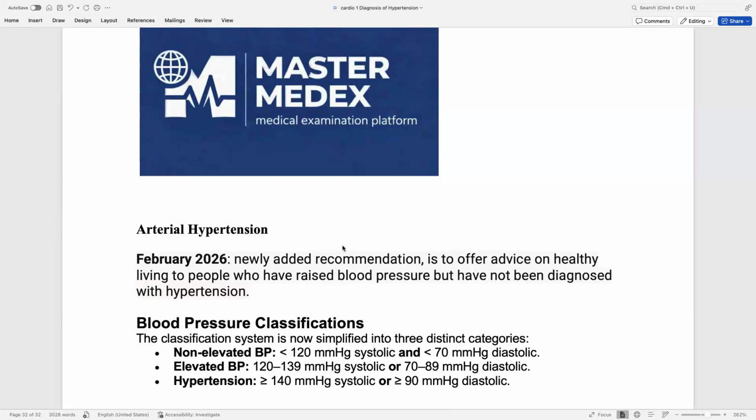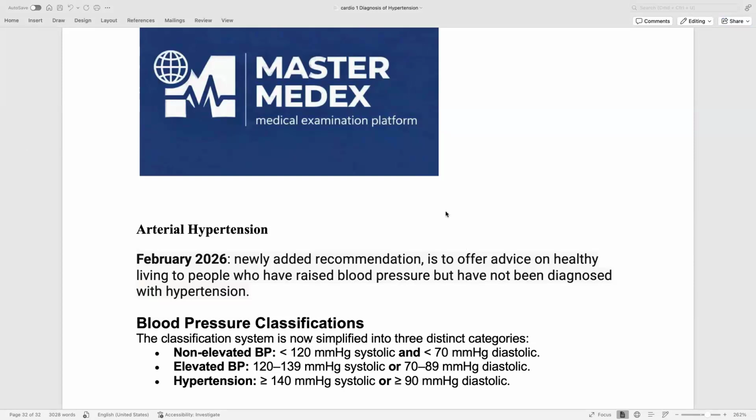Type one question, which is very important. If we need to classify the blood pressure as non-elevated, both figures, systolic and diastolic, should be normal, should be below 119 over 69.